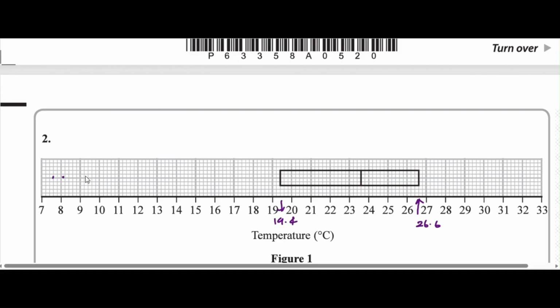Therefore the lowest point will be 9.1, that's here, and we need to draw this connecting whisker to the box. The highest point will be 32.5, which will be somewhere here. That's it. So these two are the outliers. Maybe we can point this out.